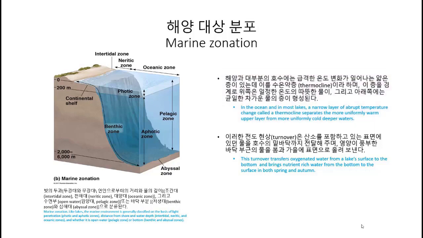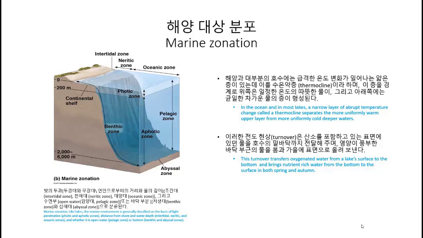Lakes tend to be particularly layered with respect to temperature, especially during summer and winter, but many temperate lakes undergo a semi-annual mixing of their waters as a result of changing temperature profiles. This turnover, as it is called, sends oxygenated water from a lake's surface to the bottom and brings nutrient-rich water from the bottom to the surface in both spring and autumn. In both freshwater and marine environments, communities are distributed according to water depth, degree of light penetration, distance from shore, and whether they are found in open water or near the bottom.